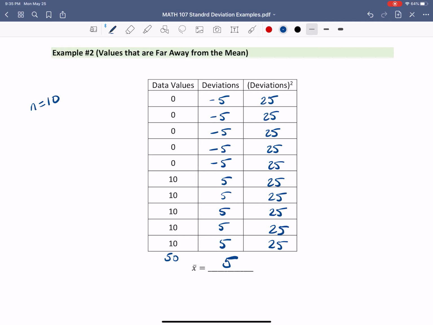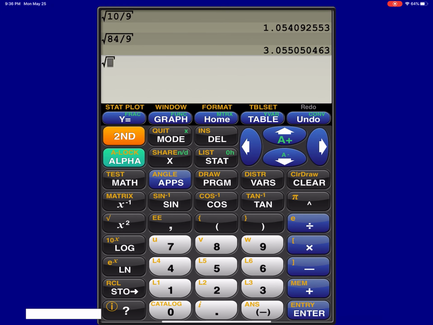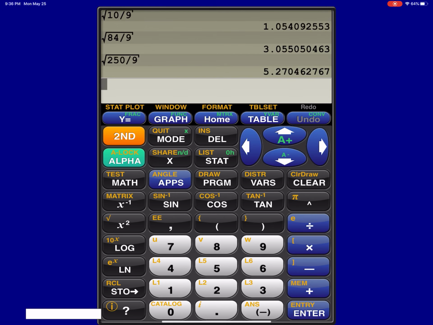So if I take the sum of that third column, that's what we're doing here, right? The sum of that third column, well, that's 25 10 times, so that's 250. So that means that the standard deviation is the square root of 250 over 9. And again, we'll go to our calculator to figure this out. So square root 250 over 9. And that gives us 5.27.